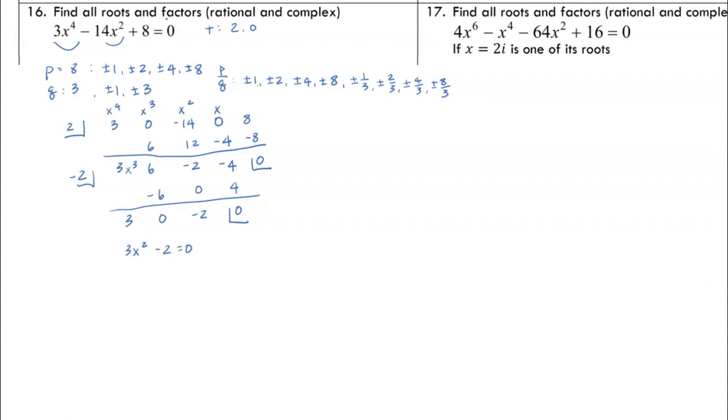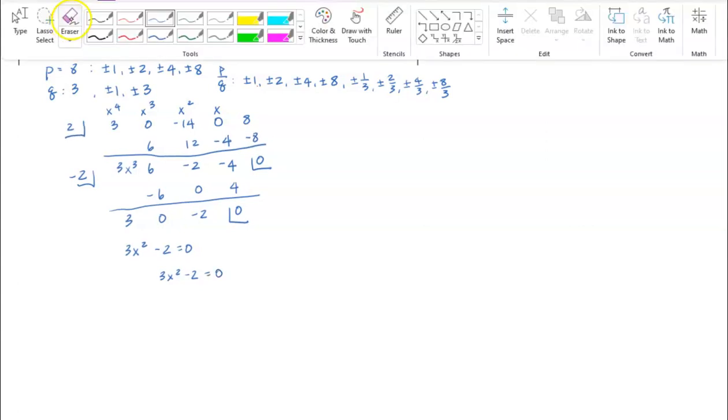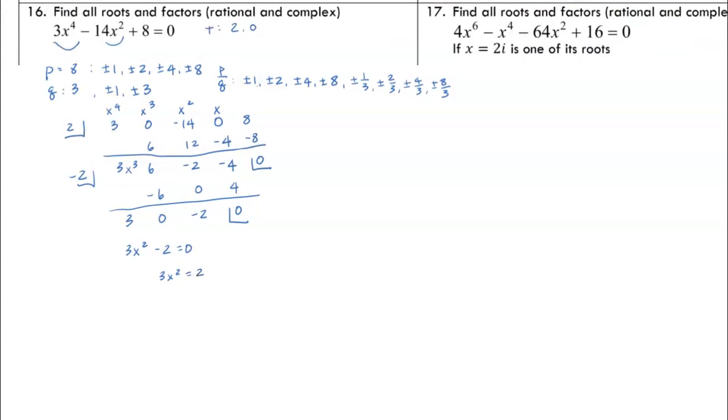So a 0. Now, it's a quadratic, 3x squared minus 2. I could just solve this because it doesn't have a middle term, so I could just solve for x. x squared equals 2 over 3, and then we're going to square root, plus or minus square root 2/3.